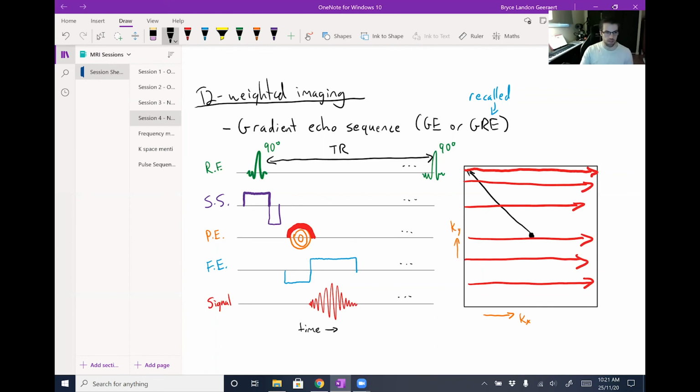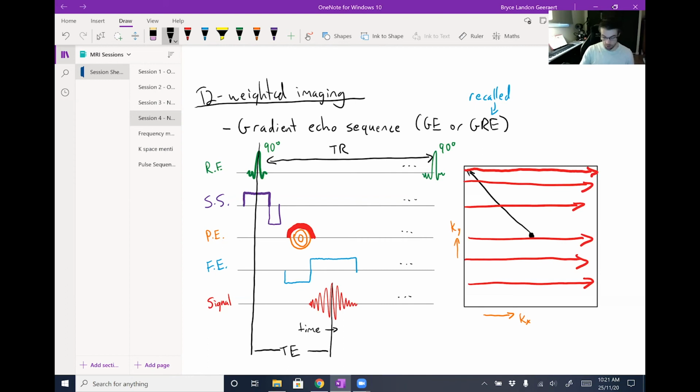It's essentially how long we let our signal rest or relax after a 90-degree pulse or some other flip into the transverse plane, how much time we let our signal relax before we do that again. And then the TE, I'm just going to draw a wobbly line downwards, is the time between our tip into the transverse plane of the NMV and recording of the center of our echo.